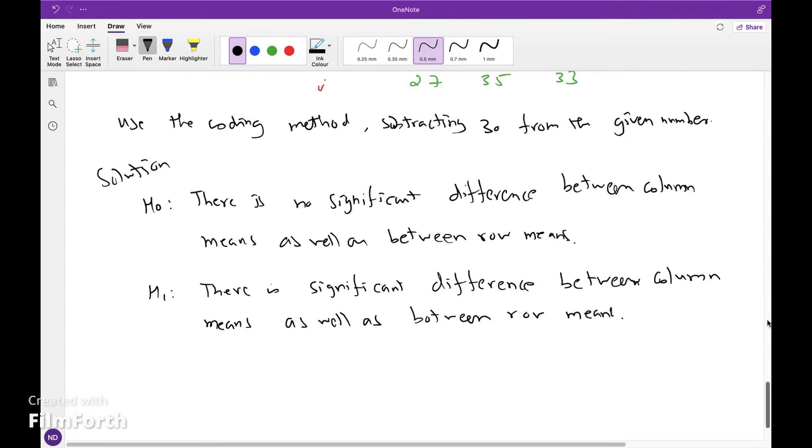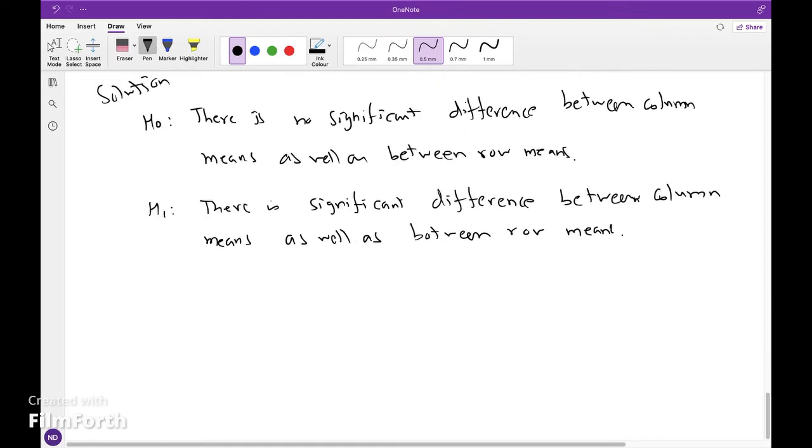The value of F is unaffected by subtracting 30 from all the numbers.